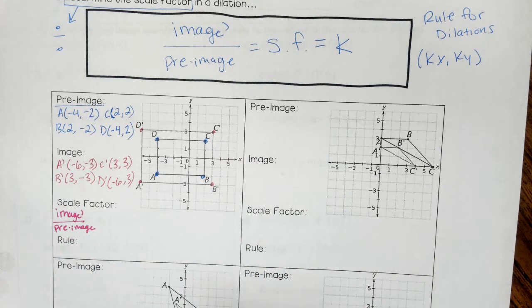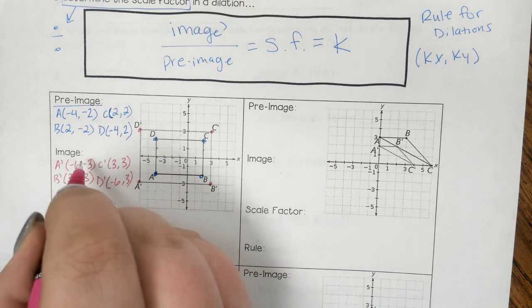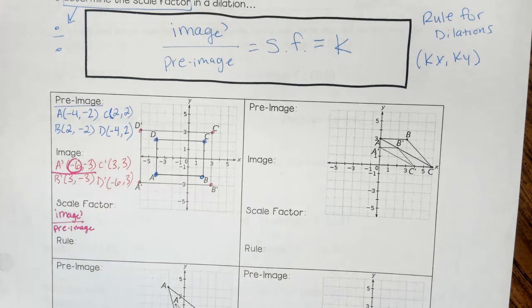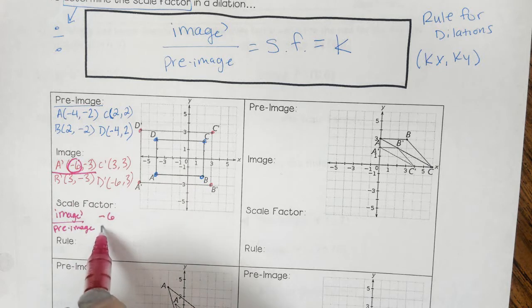So we're going to pick any number from our image. I'll pick the -6 from ordered pair A prime. And we need to pick that corresponding number from the preimage.